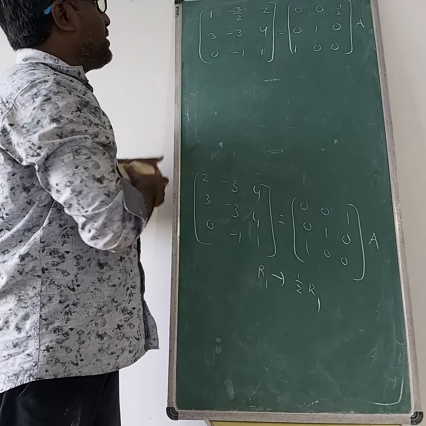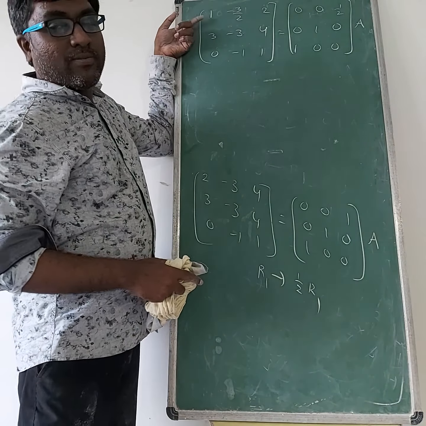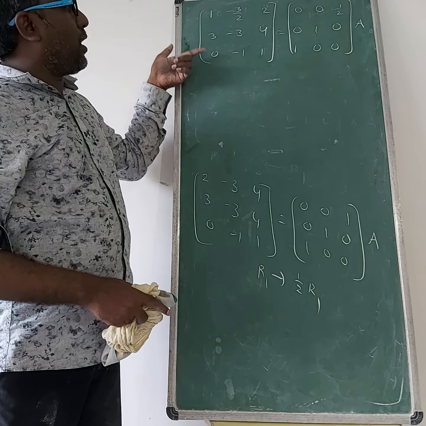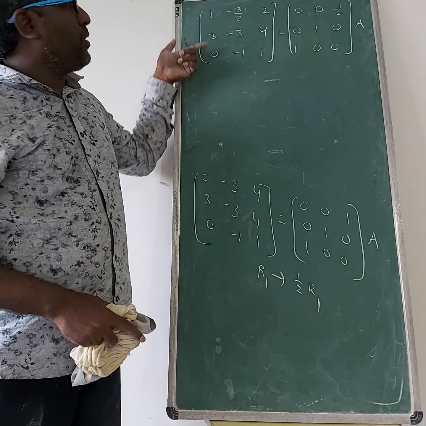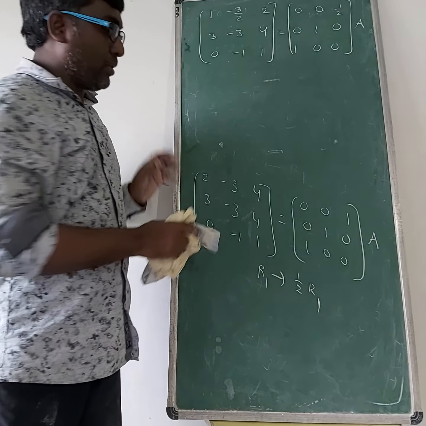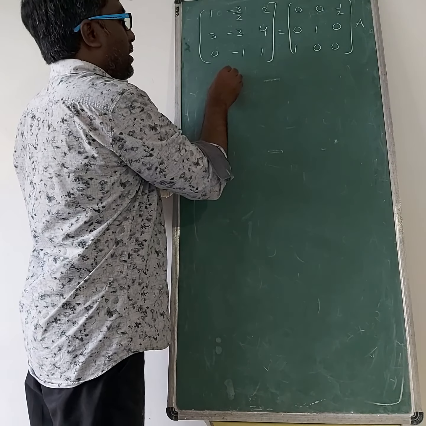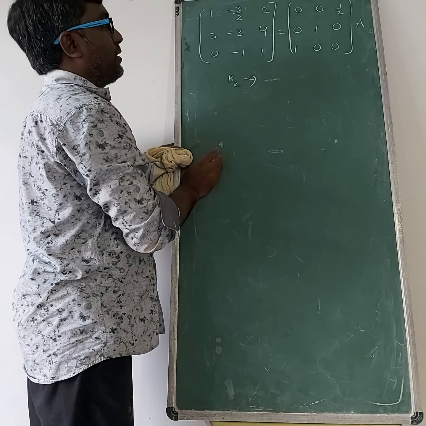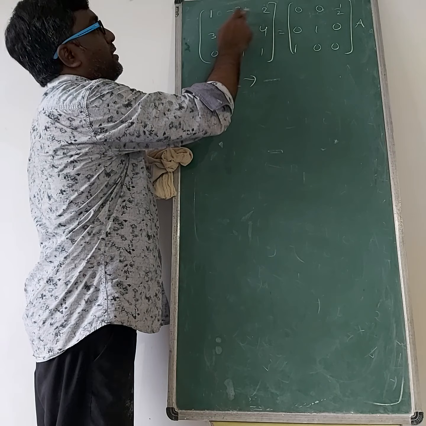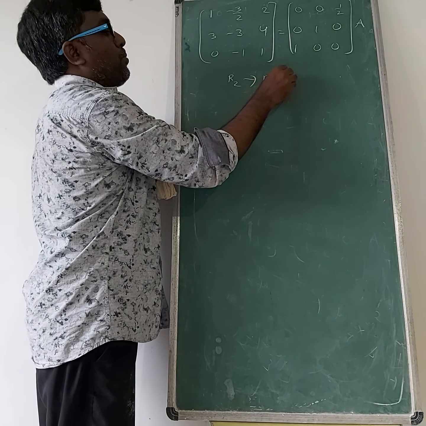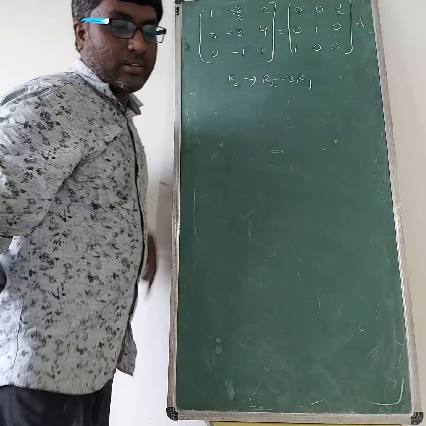Now after changing this, here 1 is there, and we make the elements below it 0. Already this one is 0. We have to make 3 into 0. So the operation we should apply is on R2: I will multiply the first row by 3 and subtract. So R2 minus 3 R1.